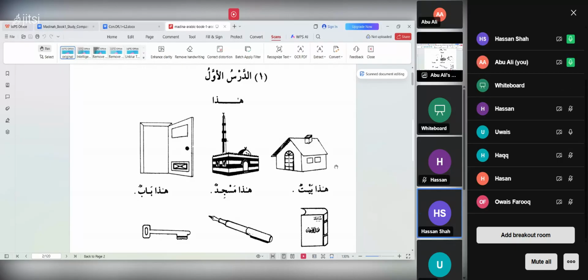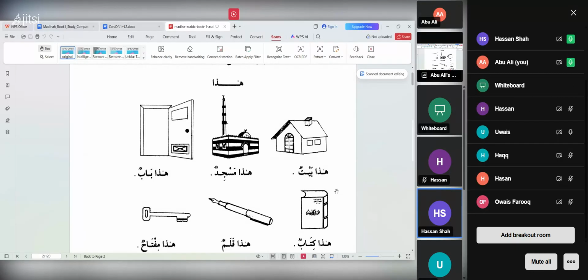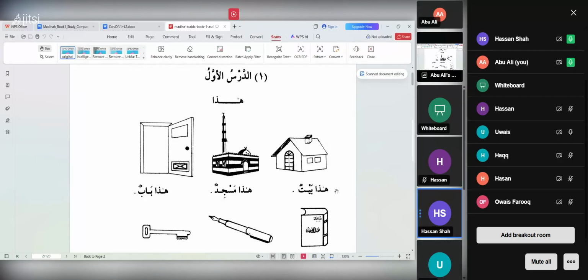Because there's a tanween. No. Because the feminine would have a ta. No, you can't make baytun feminine. You can tell it's masculine because he asked it with hada, he said this is a house. This is how you could tell it's masculine.